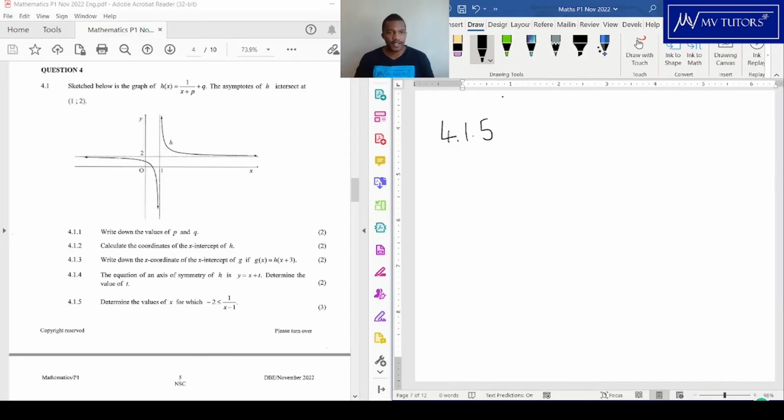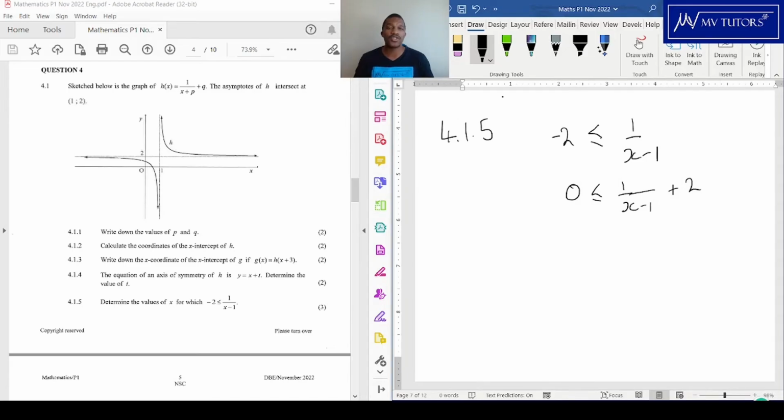Determine the values of x for which, so we're given minus 2, inequality sign, 1 over x minus 1. What I want you to notice here is that our graph of h of x has the same numbers. The only difference is that the 2 is on the other side. If I bring that 2 to the other side, it becomes 1 over x minus 1 at the bottom, and then plus 2.